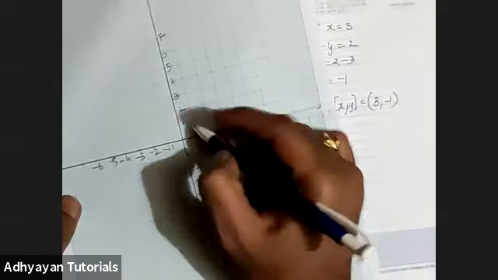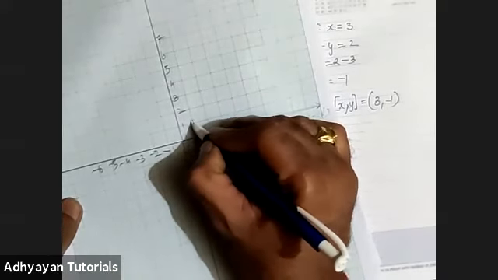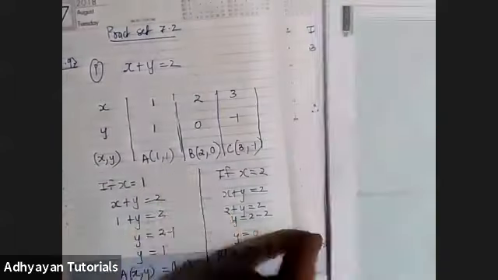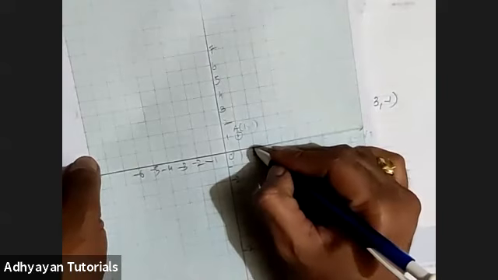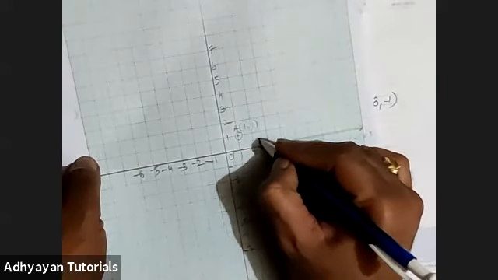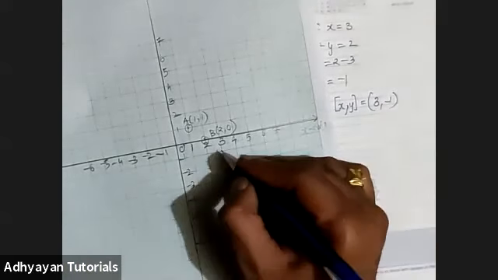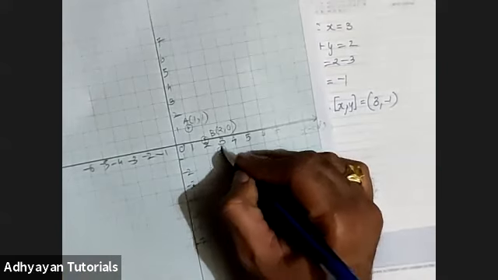So I'll just note those points. The first point was 1, 1, right? So 1, 1 is right here, children. Point A, 1, 1. Next point is 2, 0. So 2, 0 has to be on the x-axis. B is 2, 0. And the third point was 3, -1. So 3, -1 is right here. Point C.